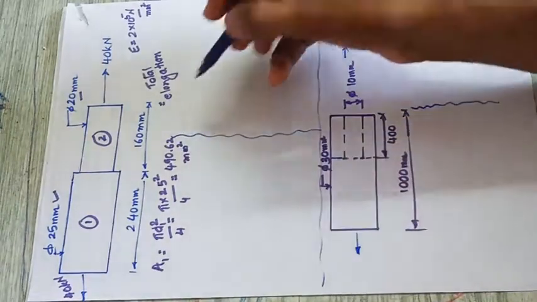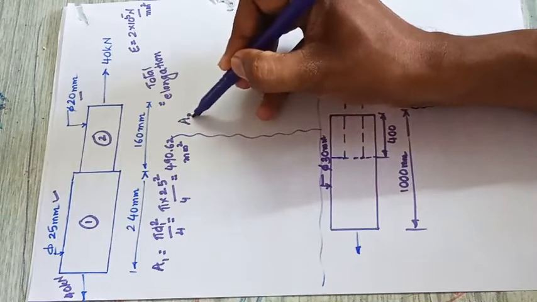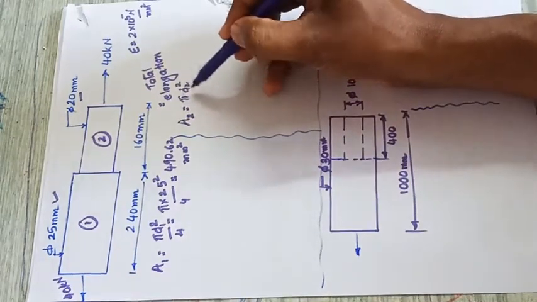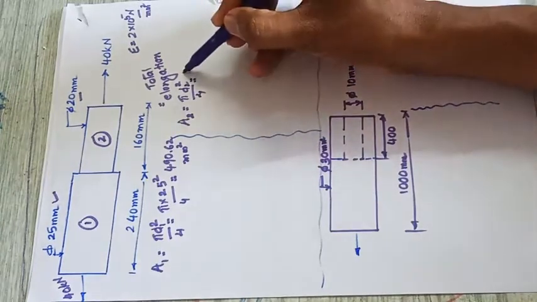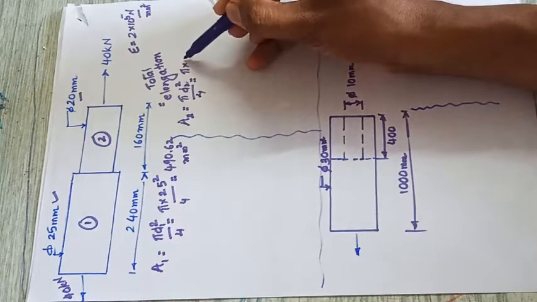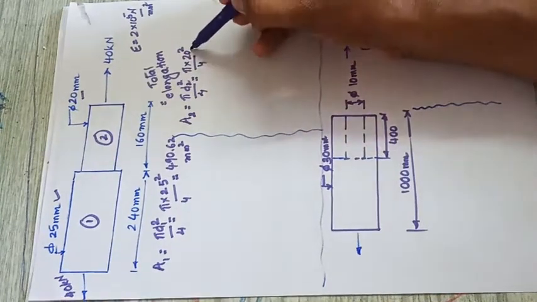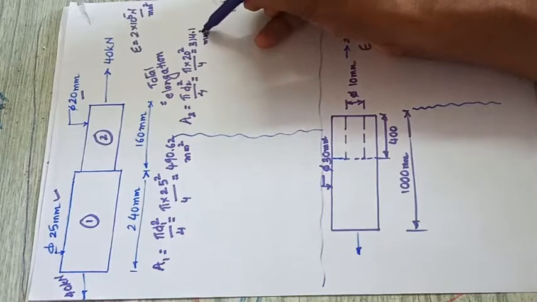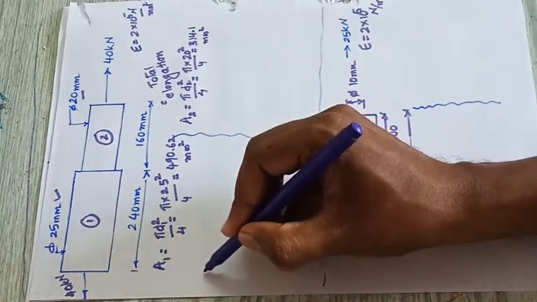Same way I will find the area A2, it is pi d2 square by 4. So we will substitute the value of the diameter d2 as 20 square divided by 4. So area is 314.1 mm square.